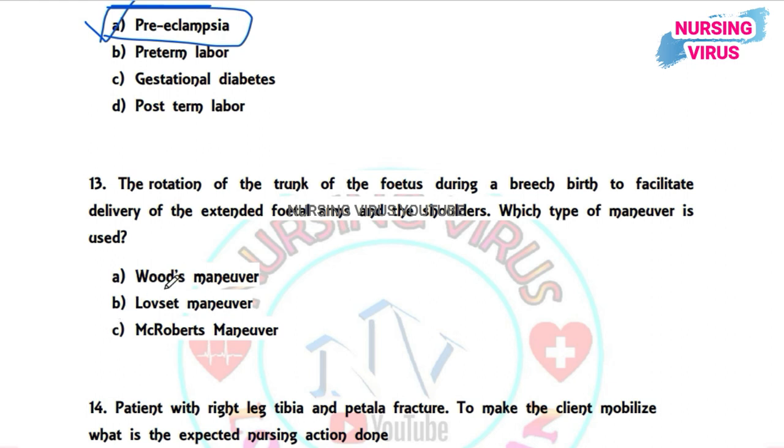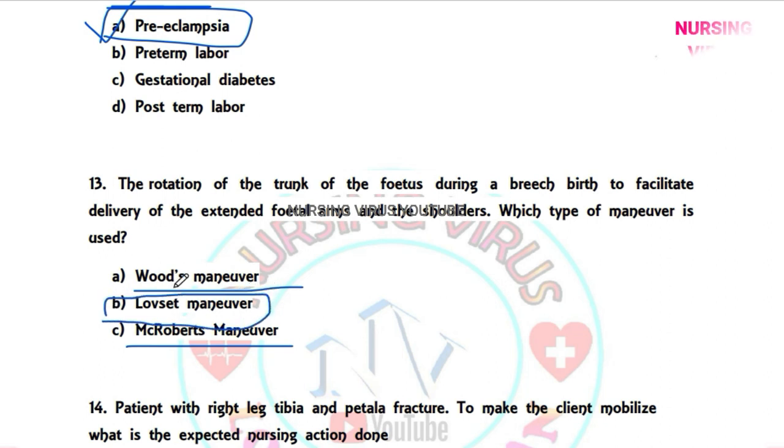Here, the Wood maneuver is used by the physician to deliver the baby from the birth canal when there is shoulder dystocia. In case of Roberts maneuver, it is for correcting the shoulder in the case of shoulder dystocia. The Lowset maneuver is the appropriate method in case of breech birth, breech position or breech delivery.